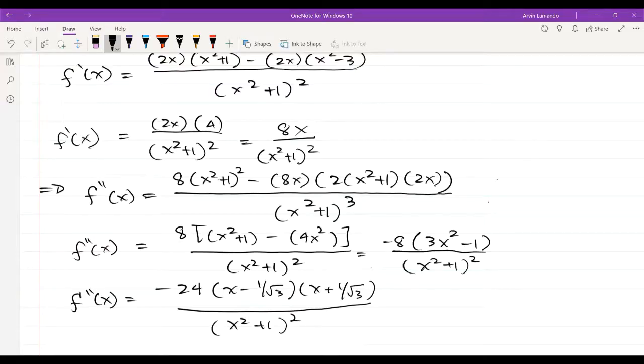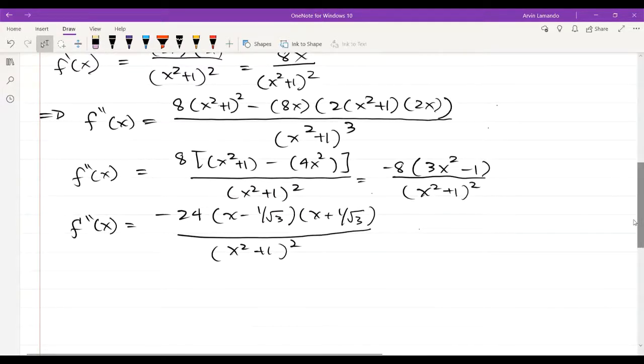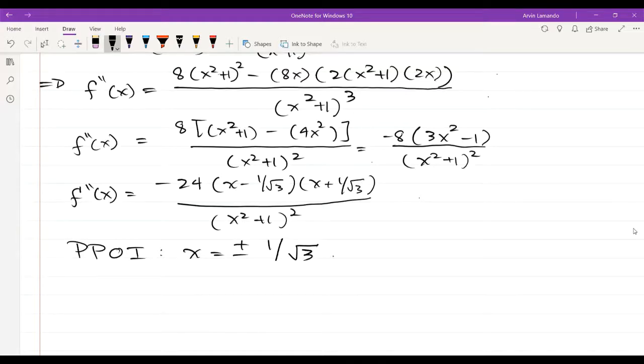As we can see, f double prime of x is defined everywhere, and its zeros are the possible points of inflection of f. Those are given by the positive and negative multiples of 1 over square root of 3.